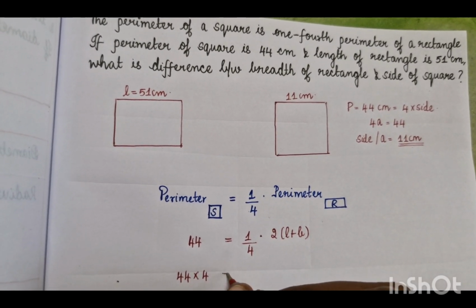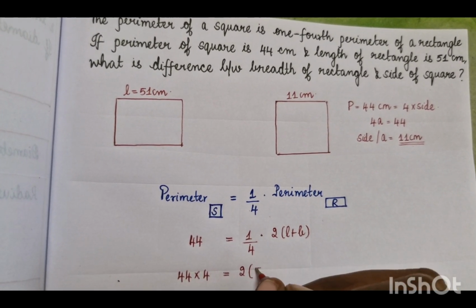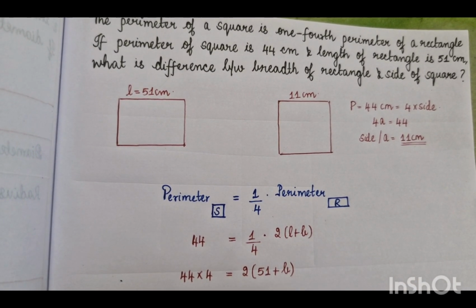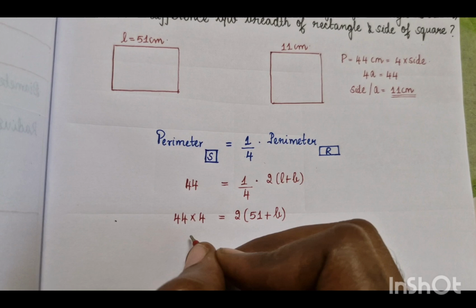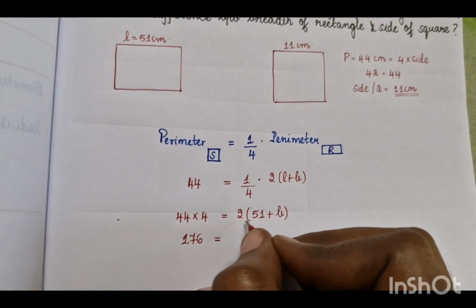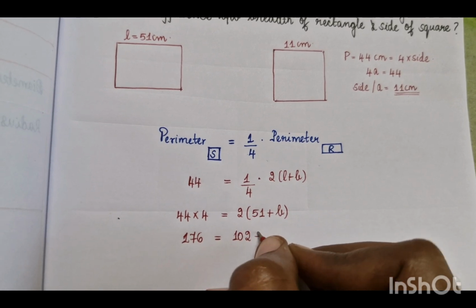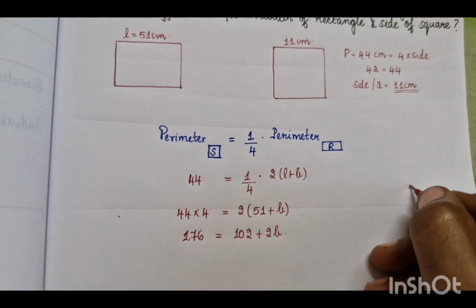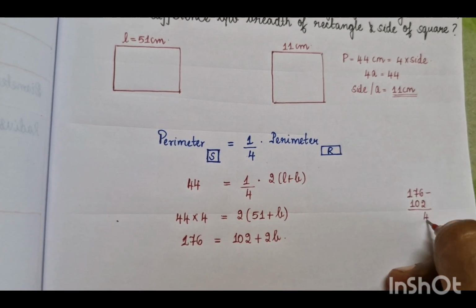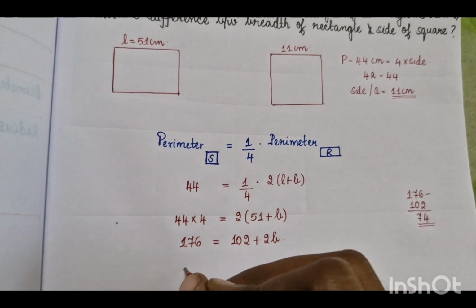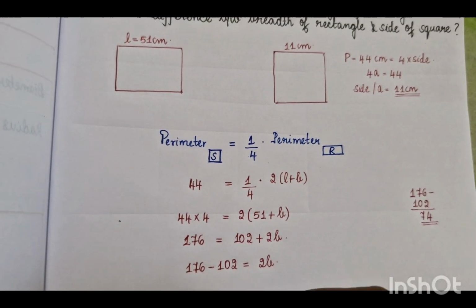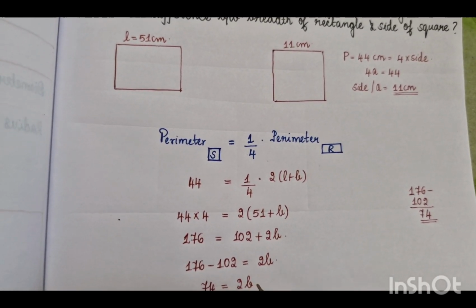44 into 4 is equal to 2 into length of rectangle, which is 51 plus B. 44 into 4 is 176, which is equal to 51 into 2, 102, plus 2B. 176 minus 102 is equal to 2B. 74 is equal to 2B.